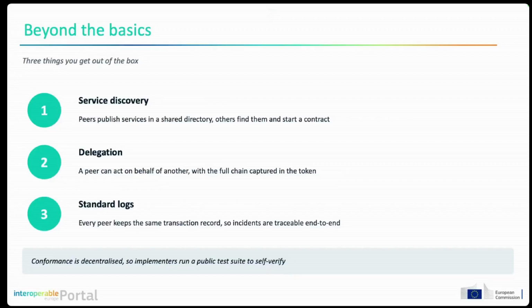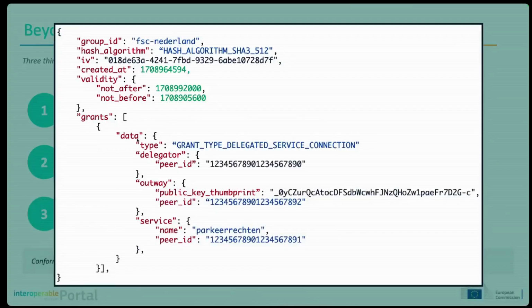We didn't want that, so in the contracts you can now say something like this. A delegated service connection. So this is delegated. In this example, it would be a municipality, their identity, and it gives the permission to, for example, the software as a service organization, their peer identity, to use a service of a third organization.